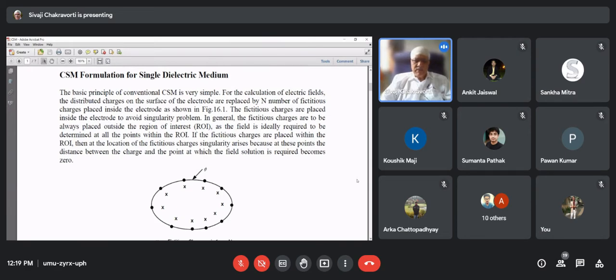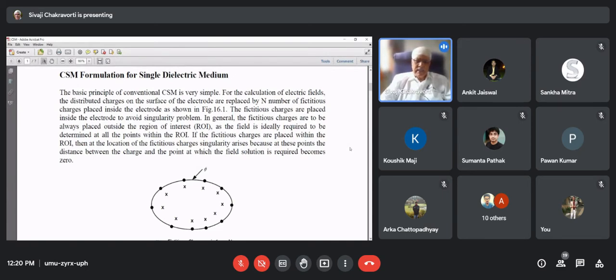And you also know that if it is a conductor, and you all have studied this, where do the charges reside? I'm not going into the conduction band or others. I'm just physically saying, if it is a charged sphere, where are the charges? You have studied this even in class 12.